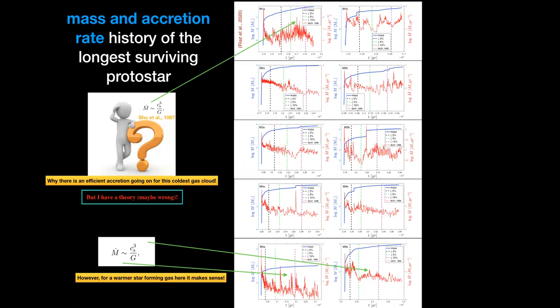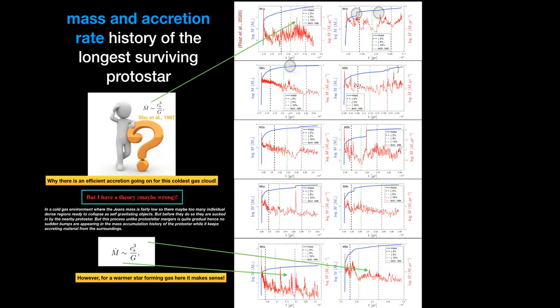This is the mass accretion history of the protostar that survived long enough in all of our simulations. I would like to go into the detail, but due to the short time, I cannot. So this is just to give you the idea of all these trends that you're observing here.